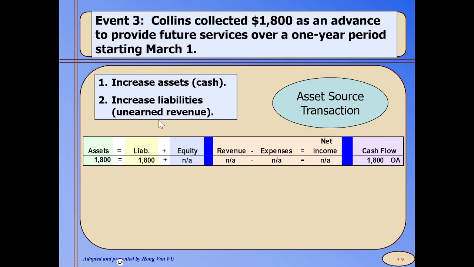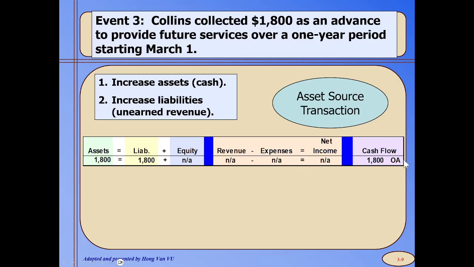Here is the effect of this transaction on the financial statement model. For the balance sheet, assets increase 1,800 for cash and liabilities increase 1,800 for the unearned revenue. That's because the company didn't perform the services, so there's no record on the income statement.